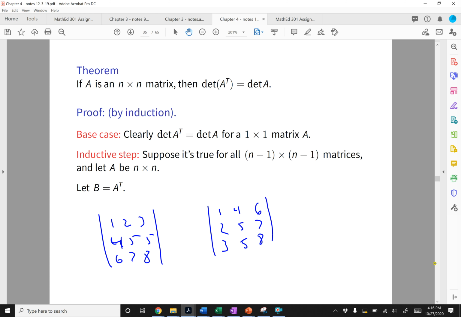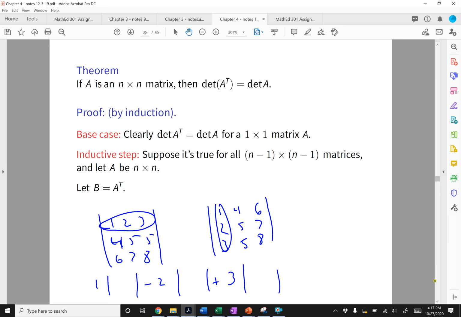To begin with, I can pick a row or a column to expand along. So I can pick this row to expand on, and then I can pick this column to expand on, and do cofactor expansion. You get 1 times its minor, minus 2 times its minor, plus 3 times its minor.